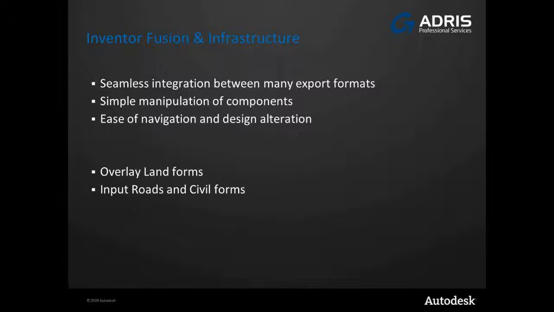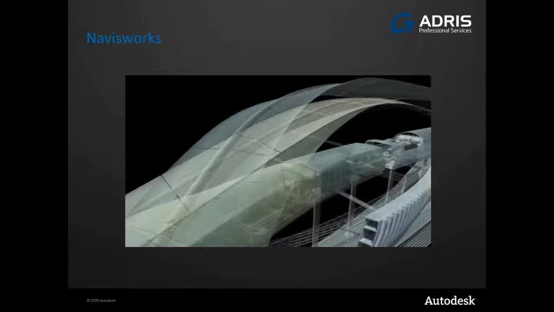Moving on, we then have infrastructure. So InfraWorks allows you to overlay land forms and bridge, road and civil design. Then we come to Navisworks. The purpose of Navisworks is for model review.